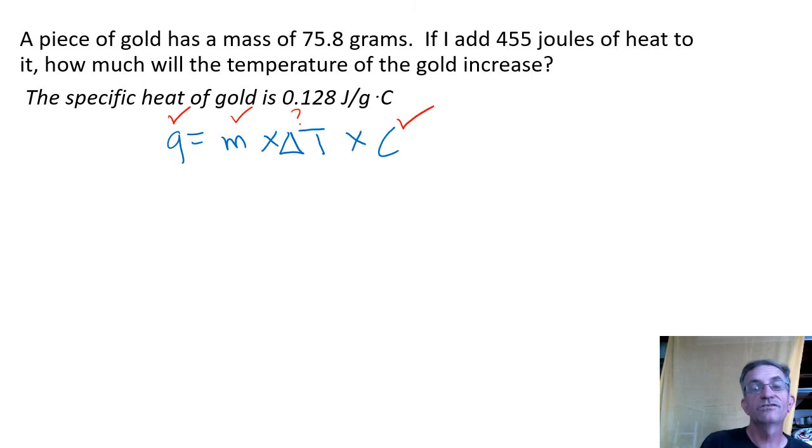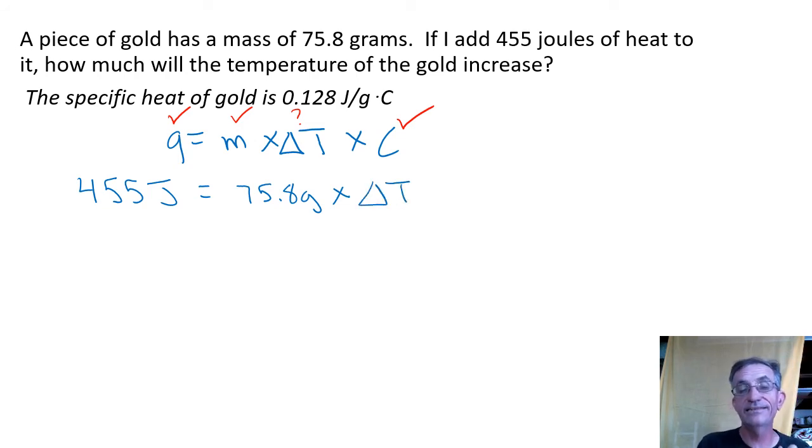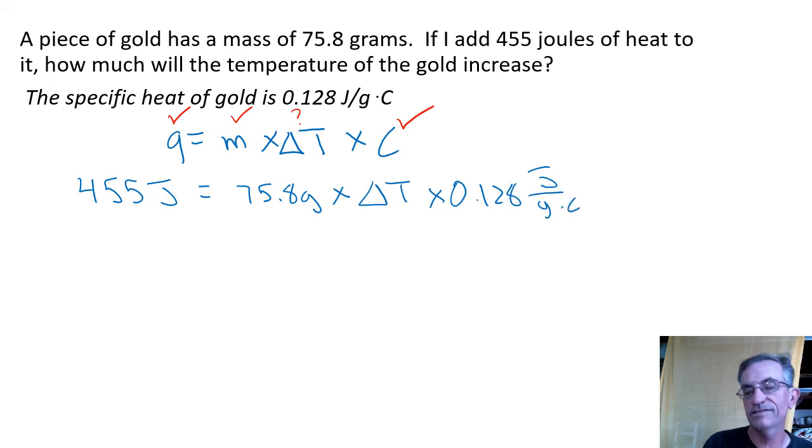Q is heat, so 455 joules equals mass, 75.8 grams, times change in temperature, that's what I'm looking for, how much the temperature of the gold will increase, solving for delta T, and C is 0.128 joules per gram Celsius.